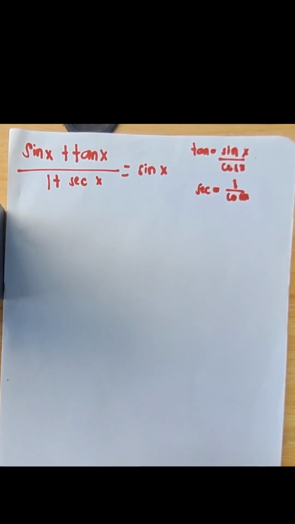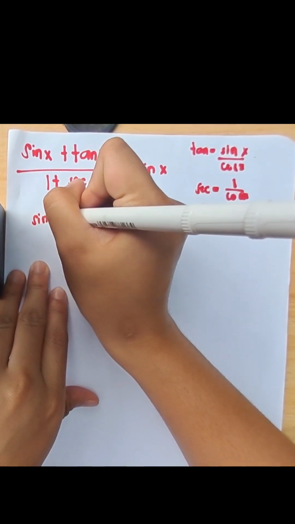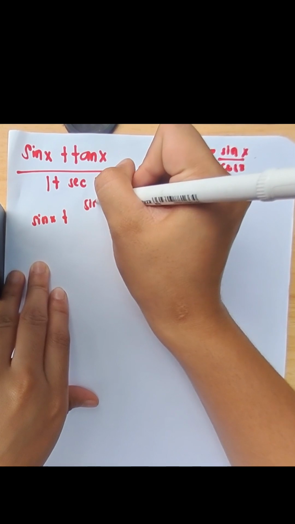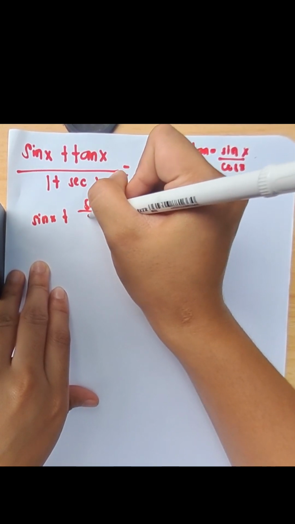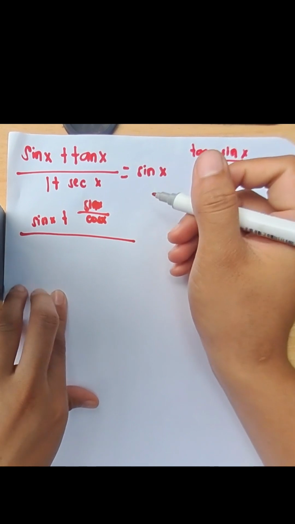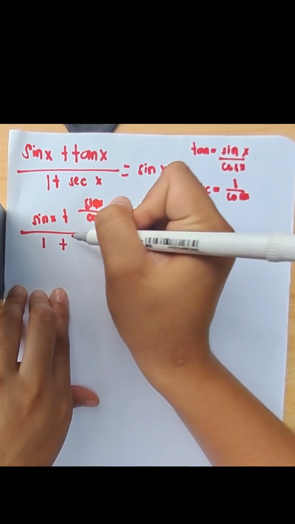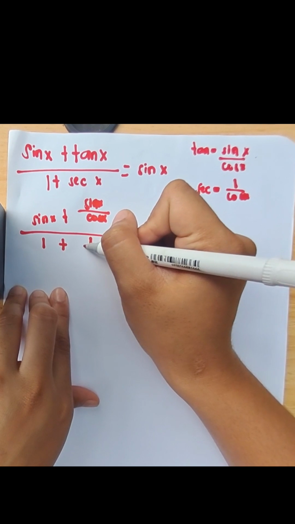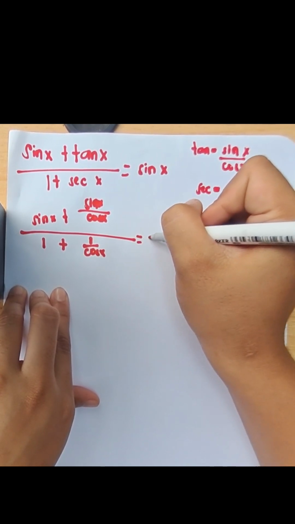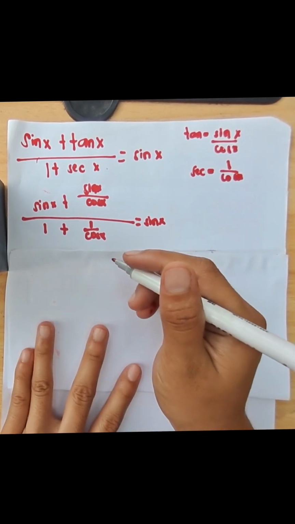So we have here sine x plus sine x over cosine x, then over 1 plus 1 over cosine x equals sine x. Let's write it into the original expression.